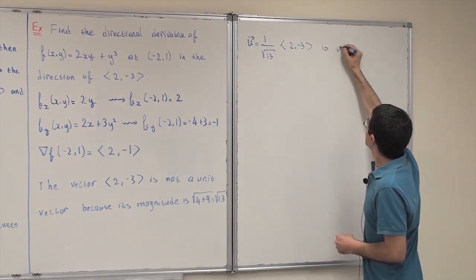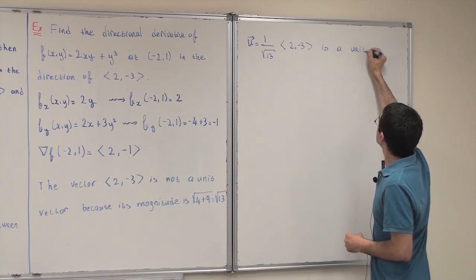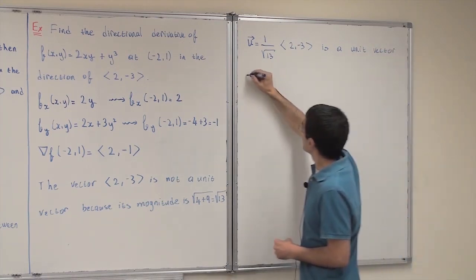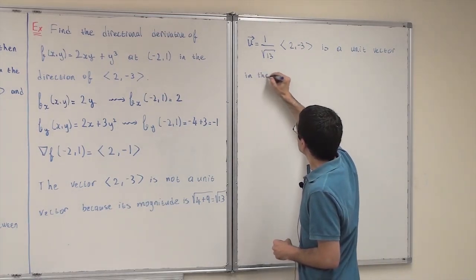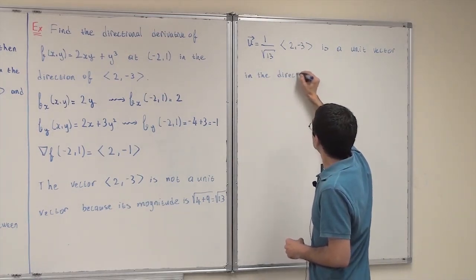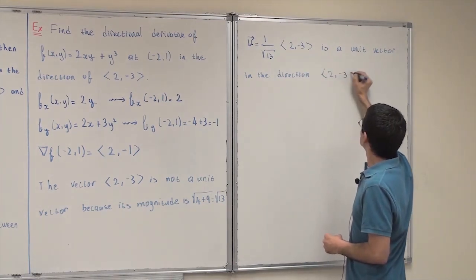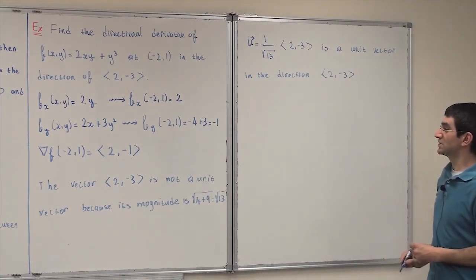So this vector is a unit vector in the direction of the vector 2, negative 3 given in the question.